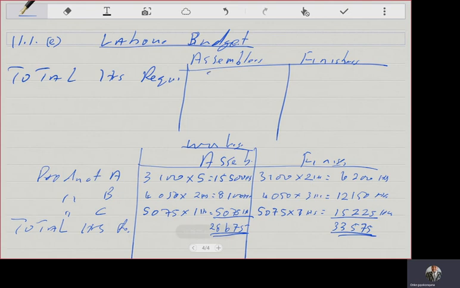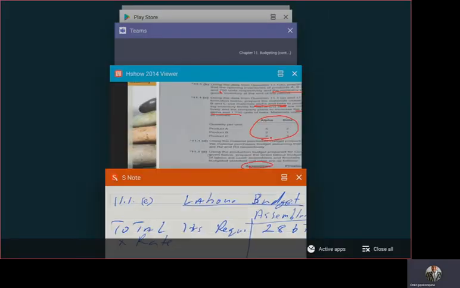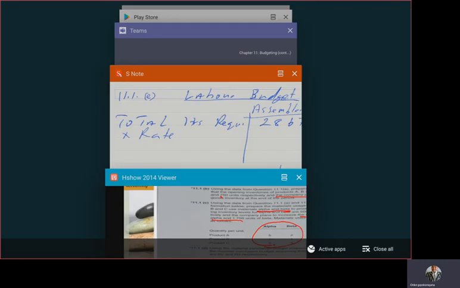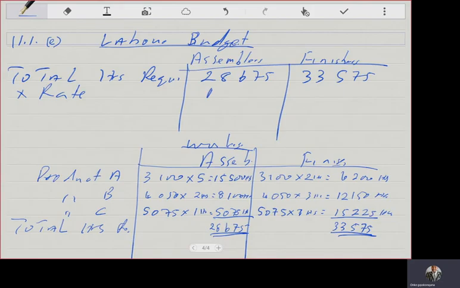We know here that the total is 28,675 and 33,575. We simply multiply by the rate per hour under each department. And we were told that the rate under each department is 6 rand here and 7 rand in the finishers. So we will take those rates, times 6 times 7 rand on that side.